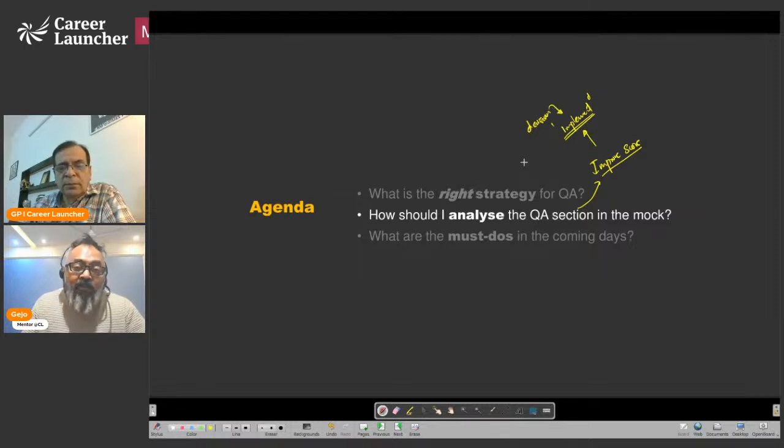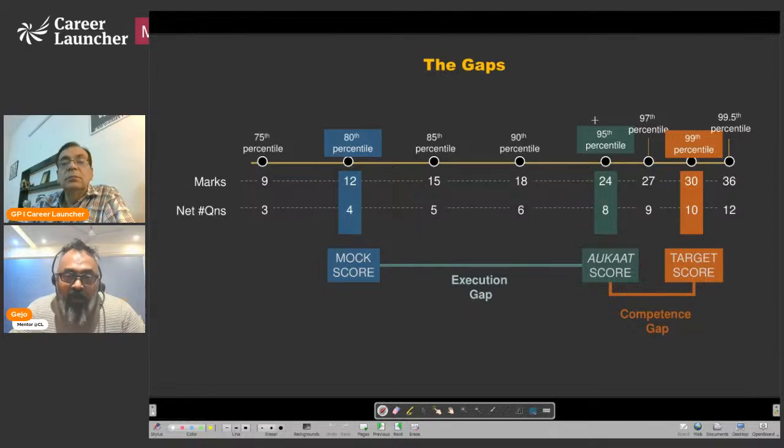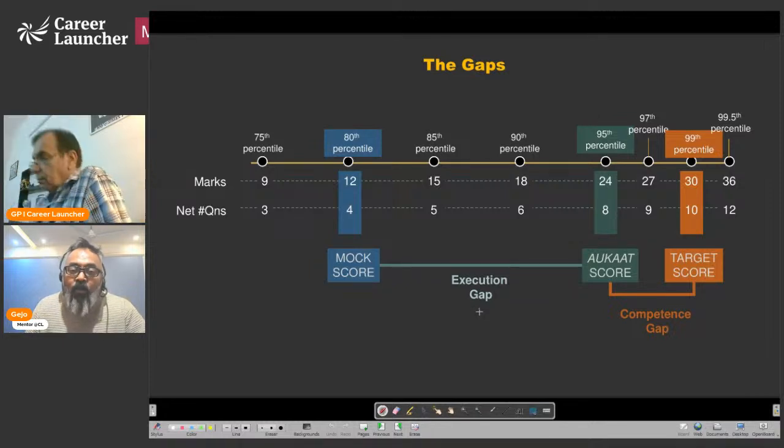If you make better decisions, then your score will improve. Second is a competence issue, which means there are certain chapters that you don't know, and if you want to improve your score, you will have to study more. We spoke about this, GP, last time in terms of these two gaps. I hope that by now you're actually doing these things.